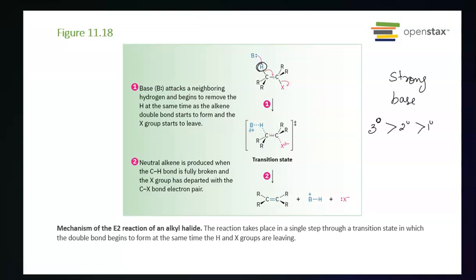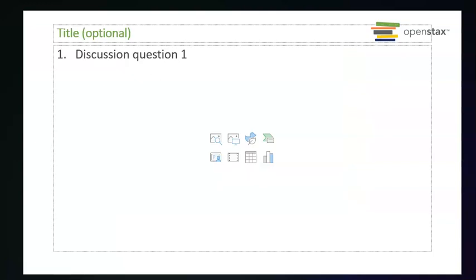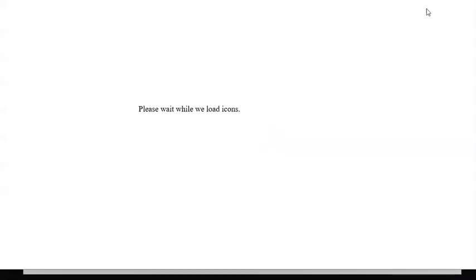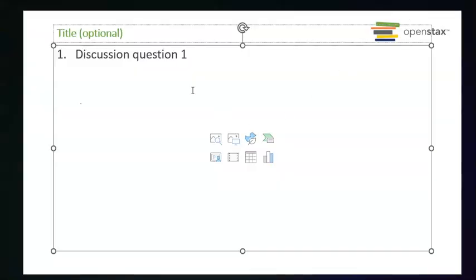So, for example, if we use this as the example here, say I have an alkyl halide like this.